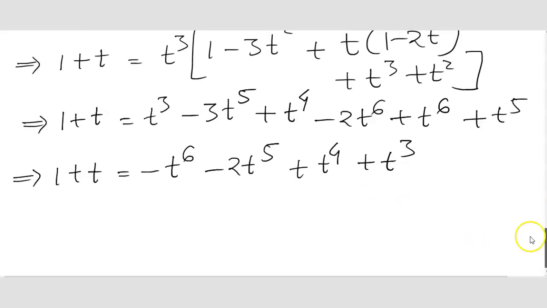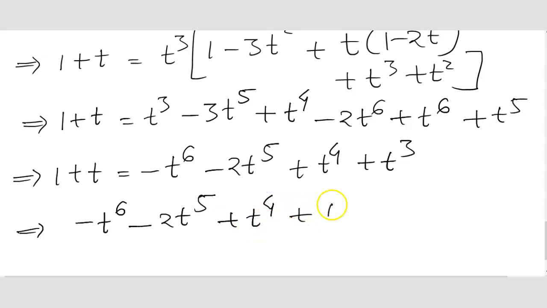So just make it simple. We can write it like this: minus T to the power 6 minus 2T5 plus T to the power 4 plus T cube minus T equals 1, right?